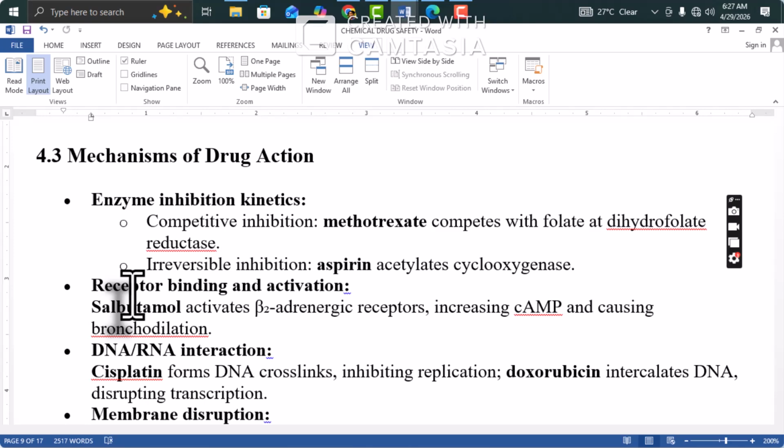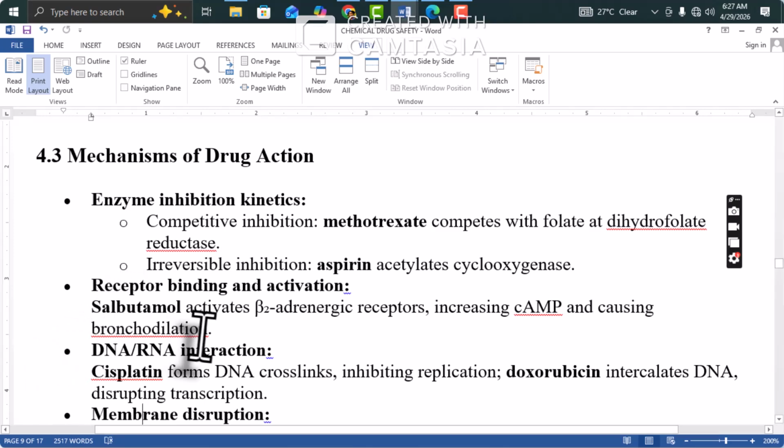So by activating it, it can either increase the production of a compound that will solve the problem, or it can even help to enable some processes in the body. But what it does is it binds to a receptor in the body.